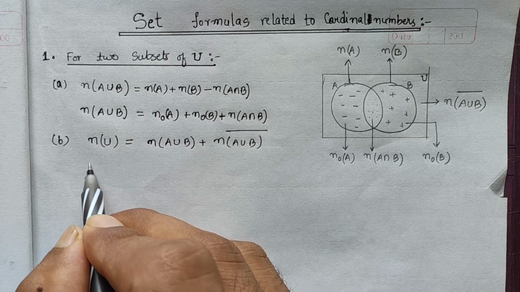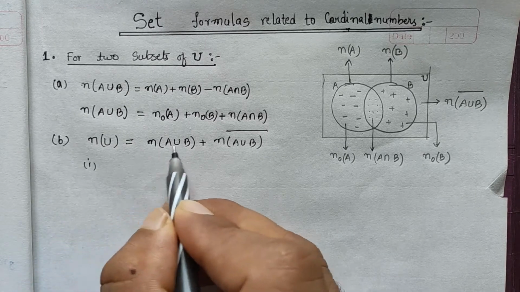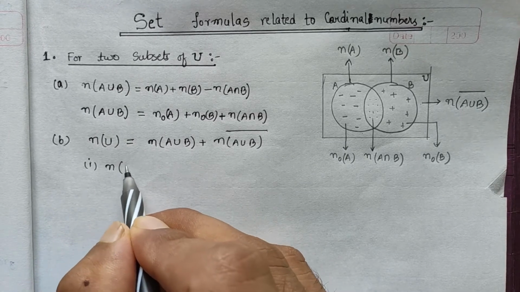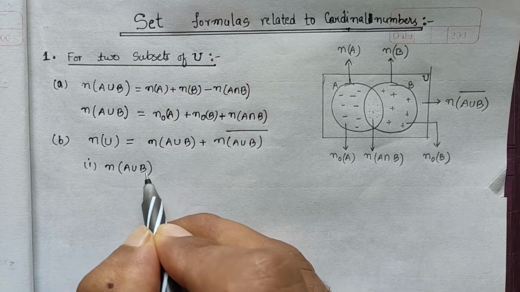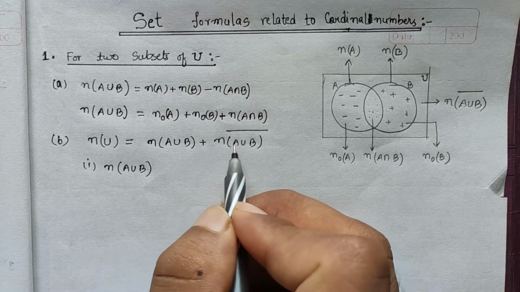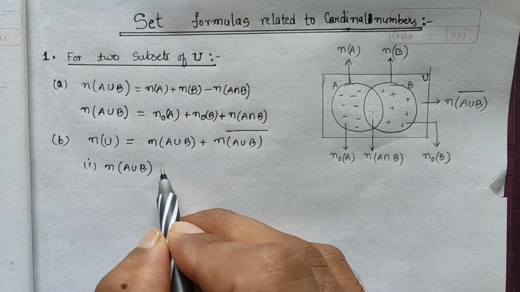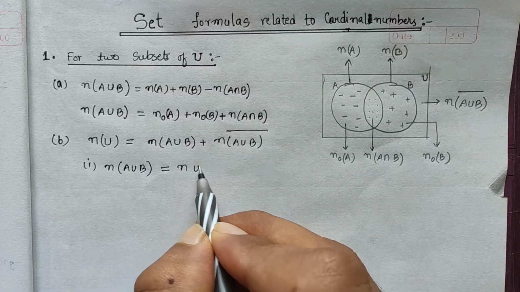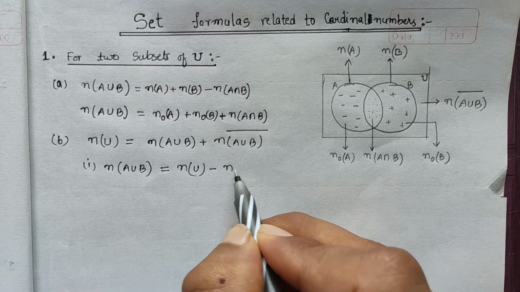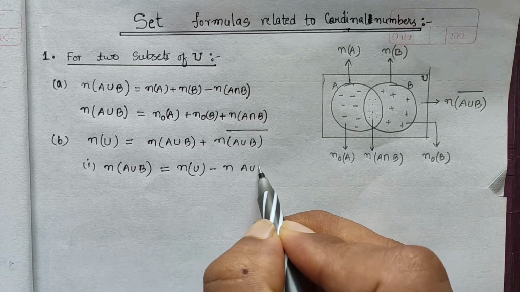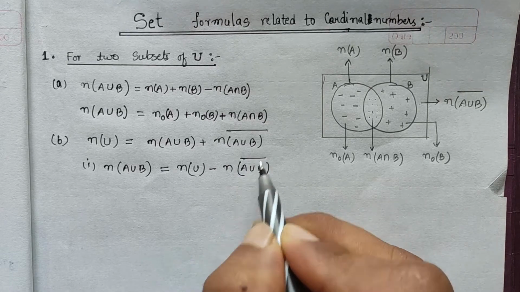as, let's say first, we can write the formula for A union B. What is the formula? If we take this complement on the left side, it becomes n(U) minus n(A union B complement), is not it?